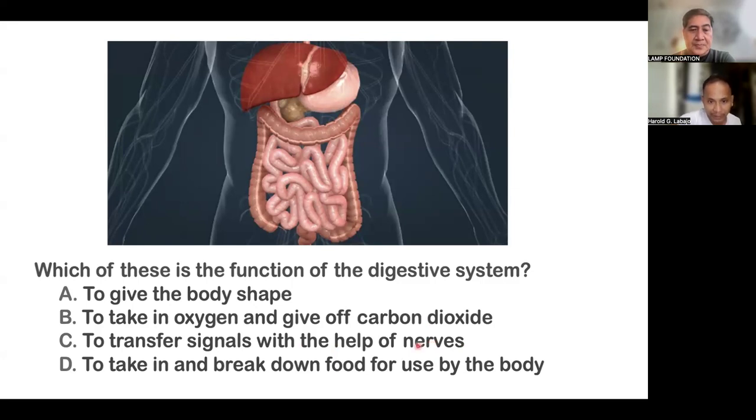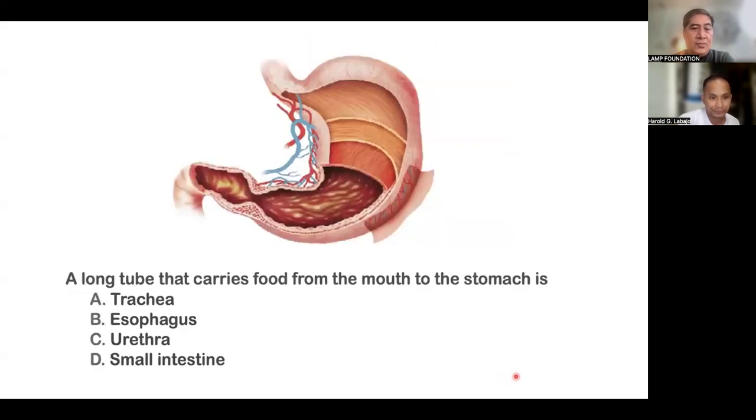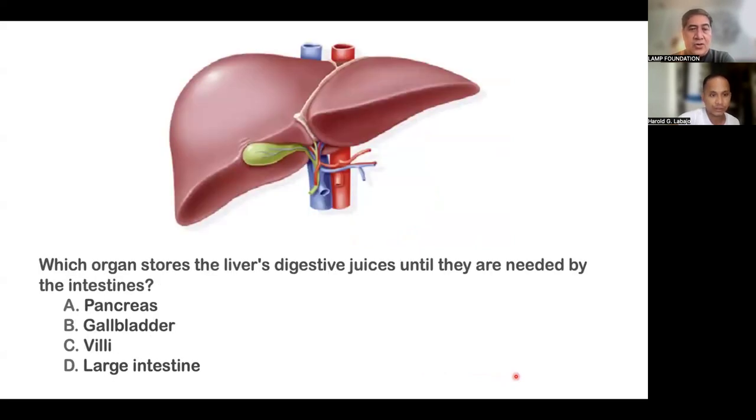Which of these is the function of the digestive system? To take in and break down food for use by the body. Okay. A long tube that carries food from the mouth to the stomach is? The esophagus. Which organ stores the liver's digestive juices until they are needed by the intestines? The gallbladder.